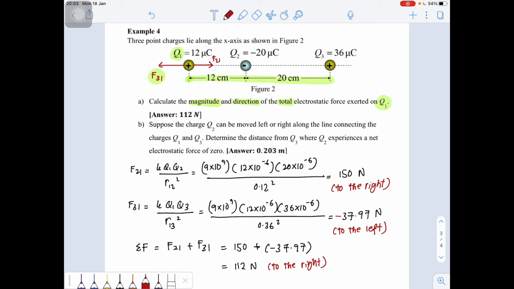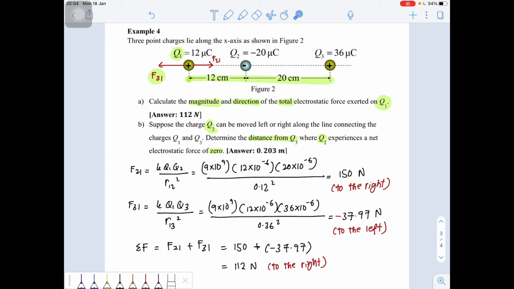So now let's look at the second question, question B. Suppose the charge Q2 can be moved left or right along the connecting line. Determine the distance from Q3 where Q2 experiences electrostatic force of 0. So it tells us here that this Q2 we can move to the right or left, and we want to know where its position is when Q2 experiences force equal to 0.